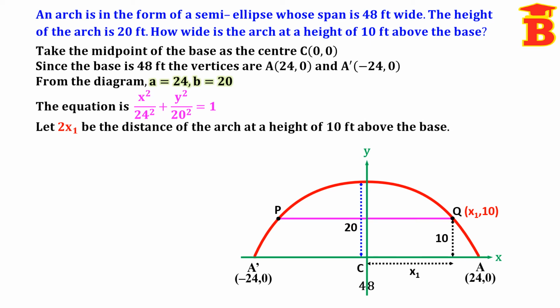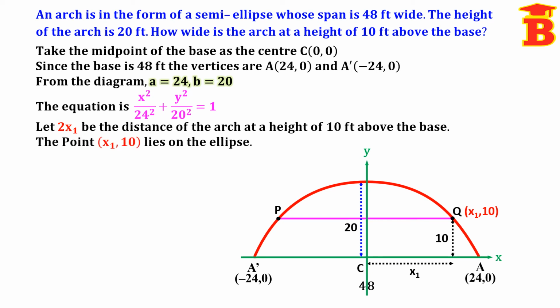Let 2x1 be the distance of the arch at a height of 10 feet above the base. PQ length is 2x1. From the center, the right side distance is x1, and the same distance we have on the other side also. Therefore, the full length of PQ is 2x1. So finally, we have to find 2x1.